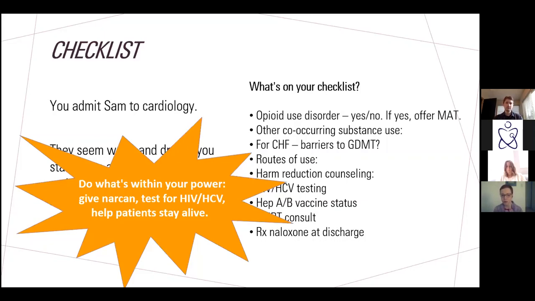But as medical providers, the things that we can do are give Narcan, test for HIV and Hep C, and really try to help keep patients alive so that if they do want to decrease or stop use in the future, they have that opportunity. Or even if they don't, that they are treated with the same kind of dignity and quality of care that we would offer anybody. And so that really boils down to those essential things.